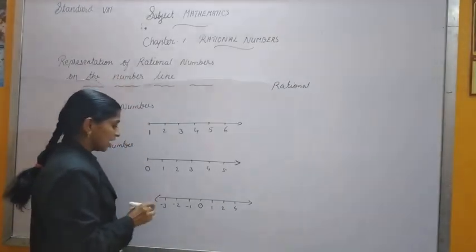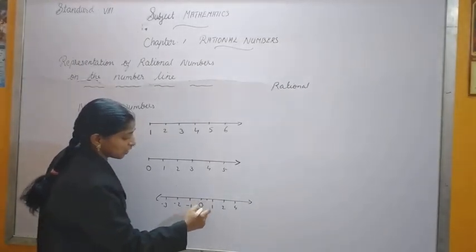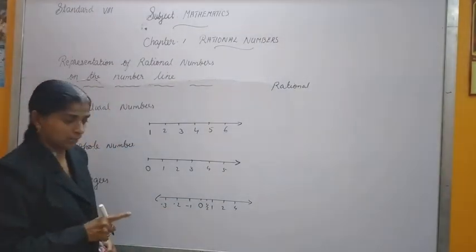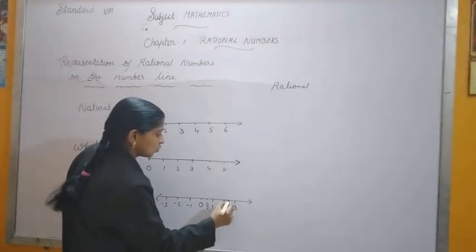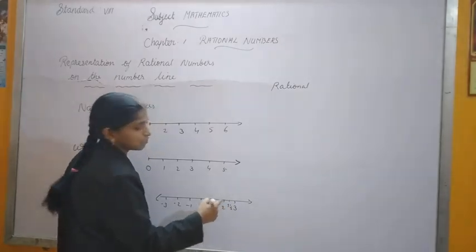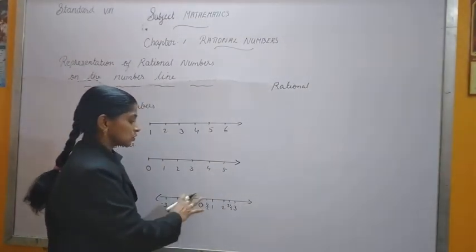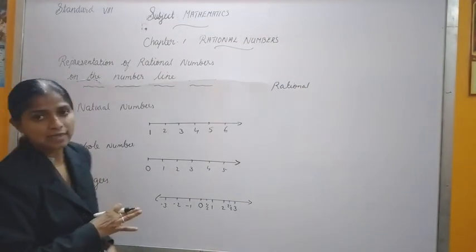For example, if you take a point exactly in the middle between 0 and 1, we mark 1 by 2. This point shows 1 by 2, and between 2 and 3 we get 2 1 by 2 or 5 upon 2. Like that we can mark infinitely many rational numbers on the number line.